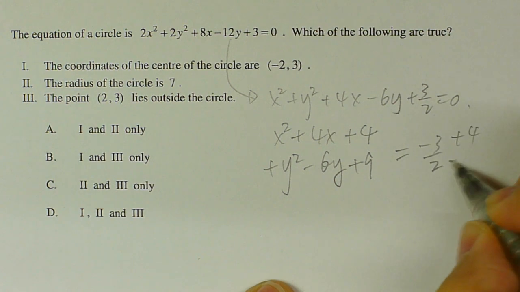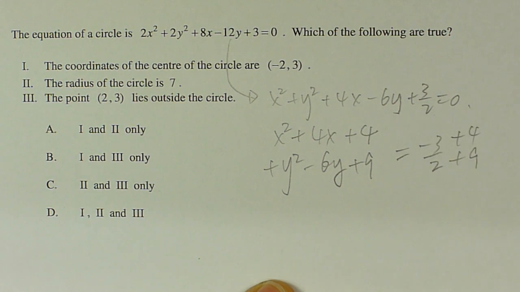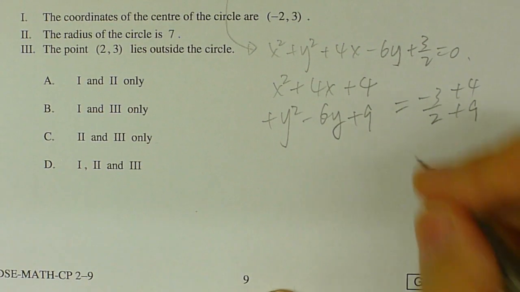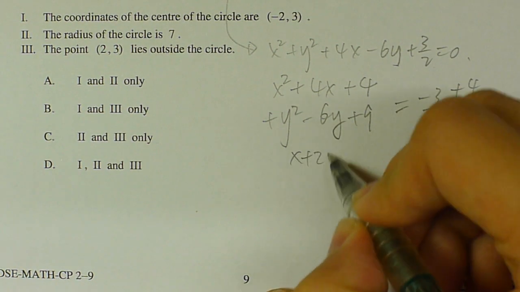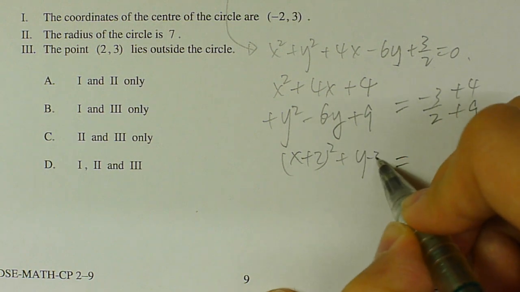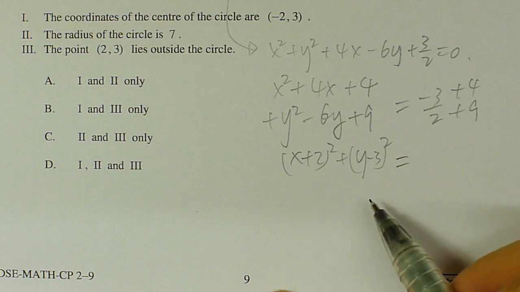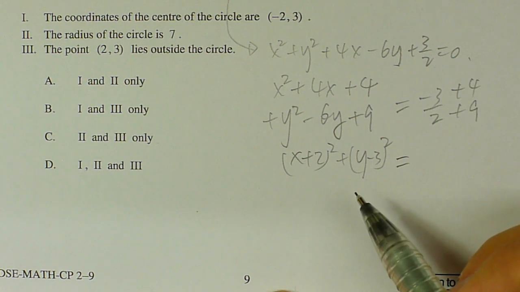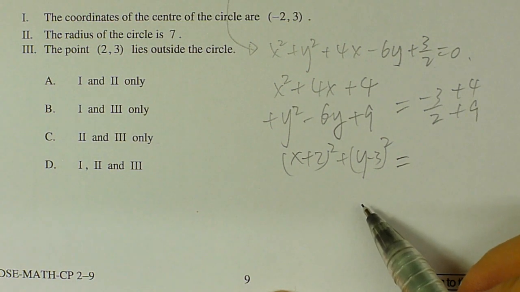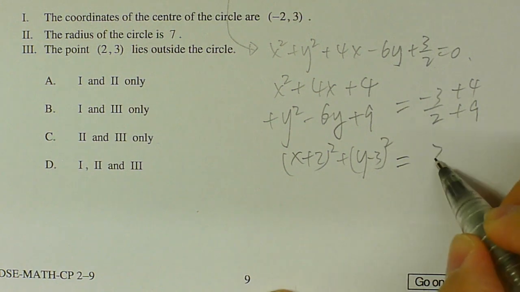After that, we should also add 4 and 9 to the right hand side so as to balance the equation. Now you see we have successfully completed the square, and we have the standard form on the left hand side. For the right hand side, it will be 23 over 2.